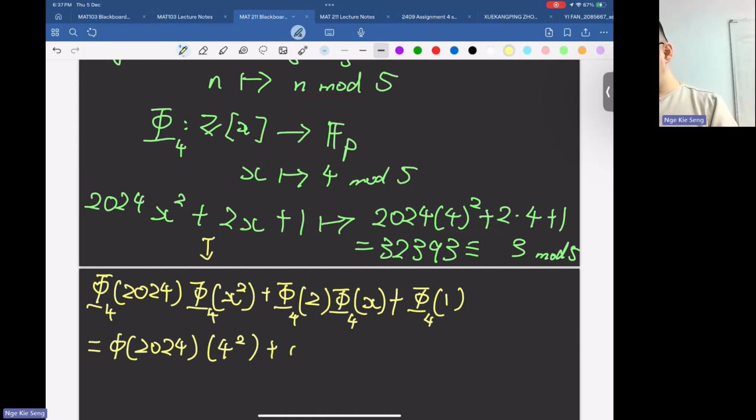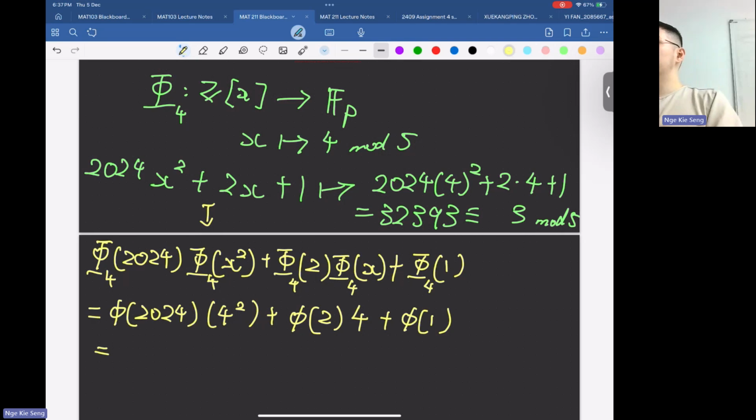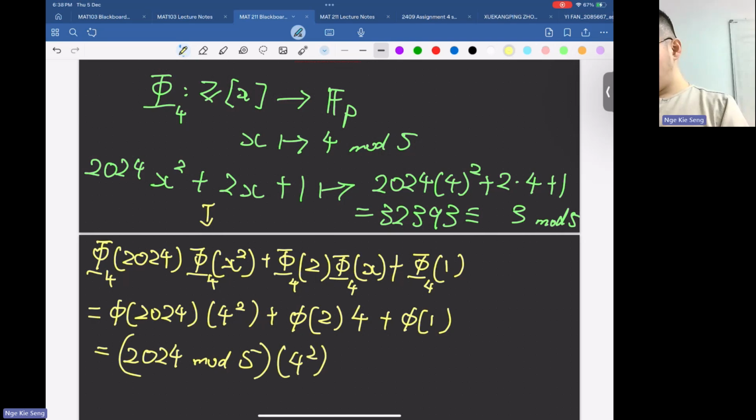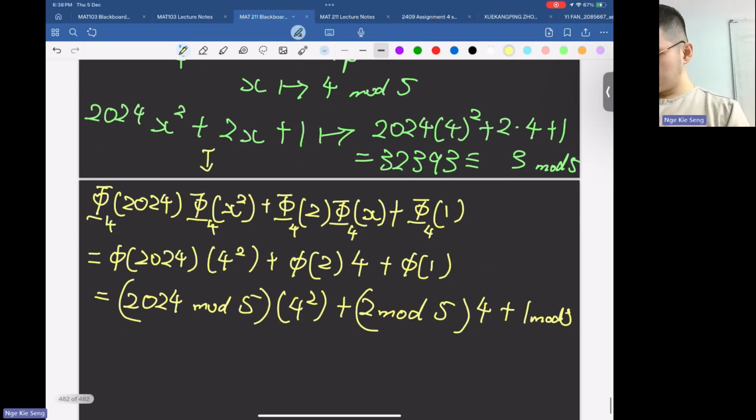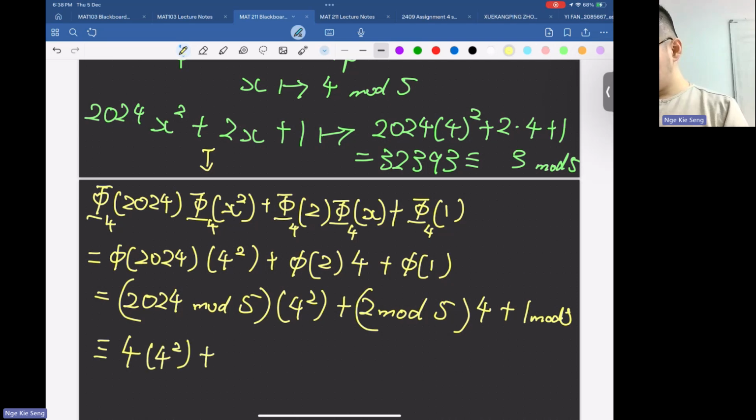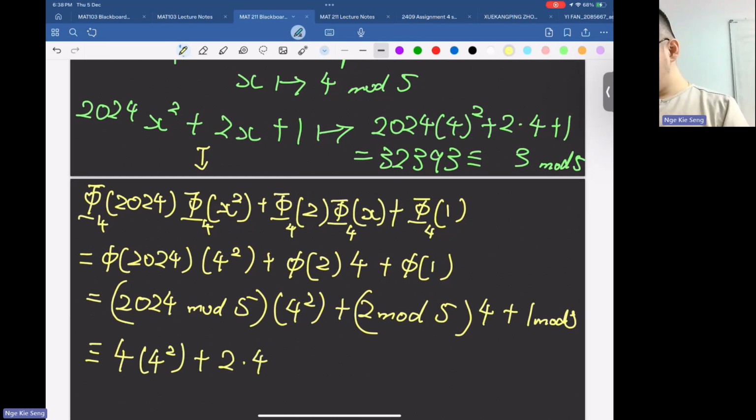And then here is a little phi of 2, and then substitute x as 4, and then little phi of 1. But what is the little phi on 2024? It's 2024 mod 5, times 4 squared, and then 2 mod 5 times 4, plus 1 mod 5. If you do all the calculation, you're left with 4 times 4 squared plus 2 times 4 plus 1, everything mod 5.